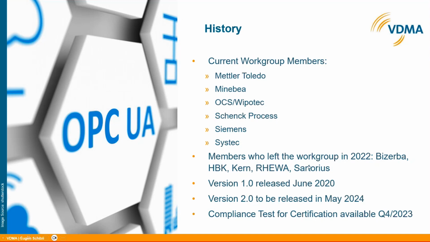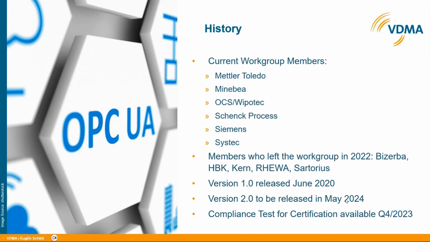Another 6 members left the work group after we achieved about 95% of the standard, after we had release number 1.1, which is not on that list, so they left about in 2022. We had the first release in June 2020, and now just this month we released version 2.0.